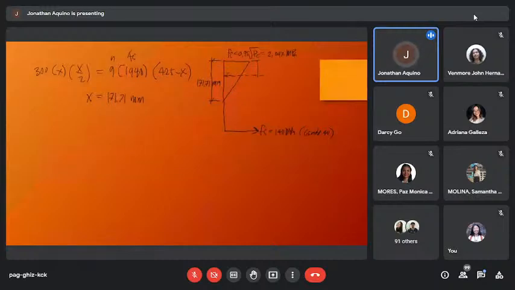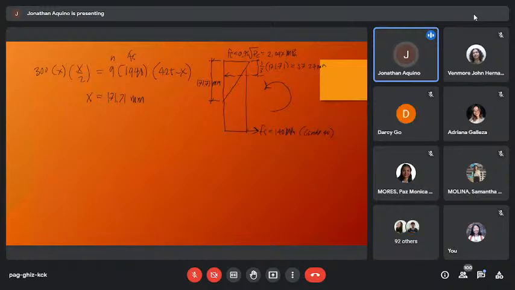Di ba yung centroid ng triangle natin is 1/3 of 171.71, or just simply 1 divided by 3, 57.24 millimeter. So merong couple, okay? Ito yung resisting moment na tinatawag natin, the internal couple considering the compression and tension.